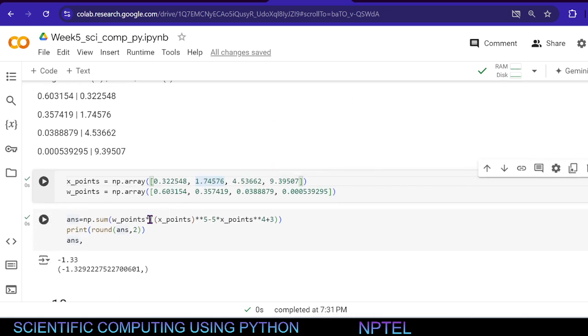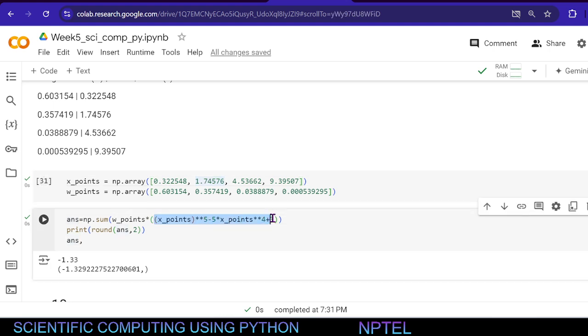Let me do just one thing just to make sure I'm not doing some silly mistake. So we have to multiply the yj, which is a function of xj, and that function is lambda x, x to the power 5 minus 5 times x to the power 4 plus 3. And this function should be evaluated at x points.